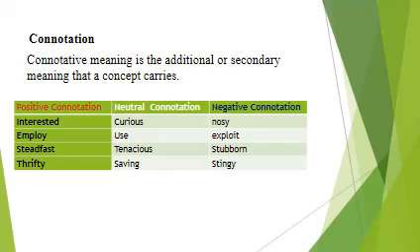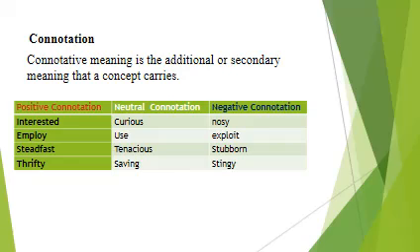As we can see in this slide, we have positive connotation, neutral connotation, and negative connotation. If we look at this word interested, the positive connotation is interested, the neutral connotation is curious, while the negative connotation is nosy, that is to be curious in someone's affairs.